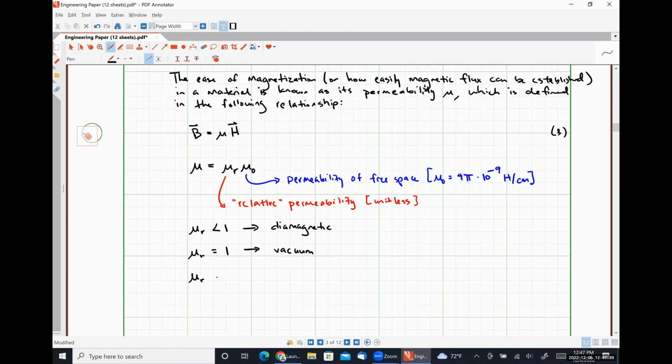Relative permeabilities that are greater than 1 are paramagnetic materials. And relative permeabilities that are much greater than 1, we'll consider those to be ferromagnetic materials.